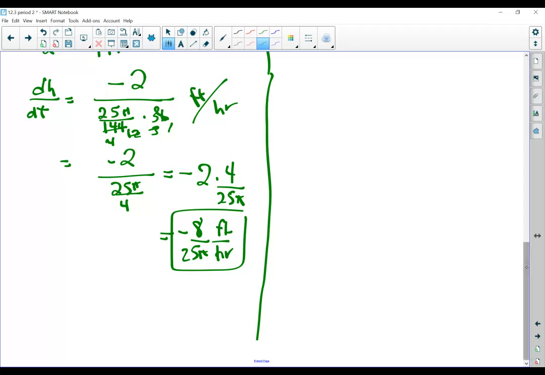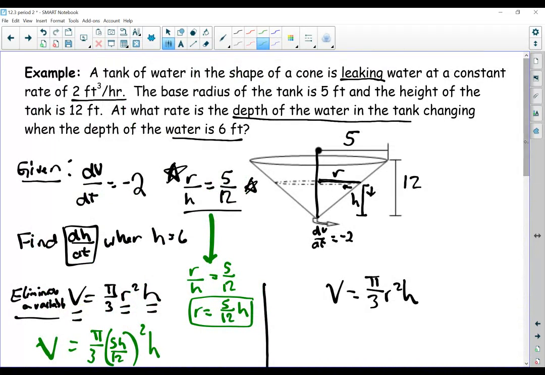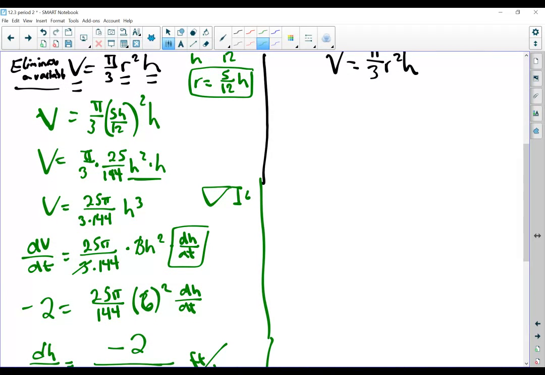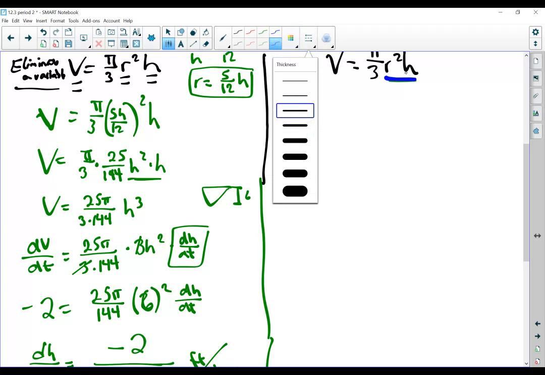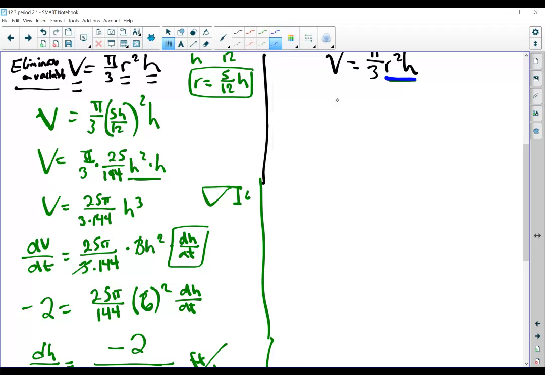Now, option 2, you're still going to use that proportion, but we're just going to take the derivative like we see it here. Now, do be careful here because in this second version, I do have two variables being multiplied together. And so when I take the derivative here, I'm going to have to use product rule. So if I start this problem out, I'm going to have dV/dt equals, now pi over 3 is just a constant.